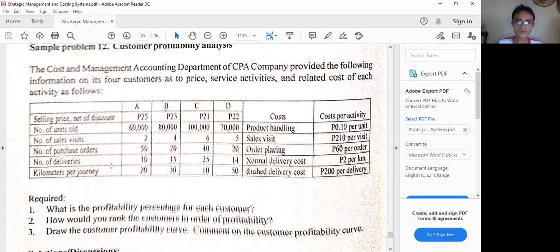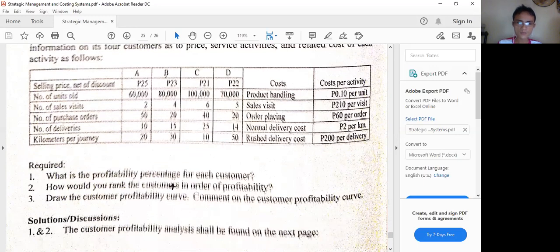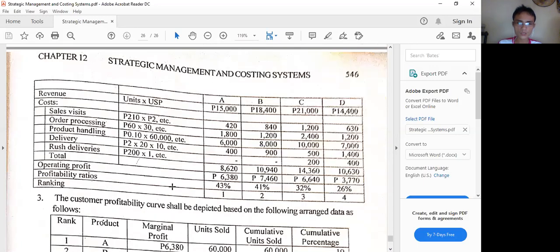In this case, we have the selling price per product. Then we have the following items, then the cost and the cost per activity. So what is the profitability percentage for each customer? All we have to do is, for each customer, determine the operating profit, and then we can determine the profitability ratio. So I suppose that is operating profit divided by revenue.